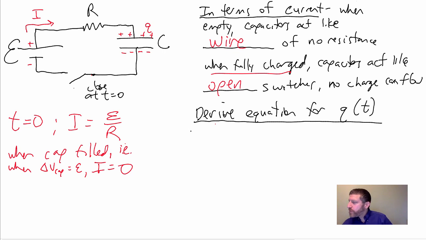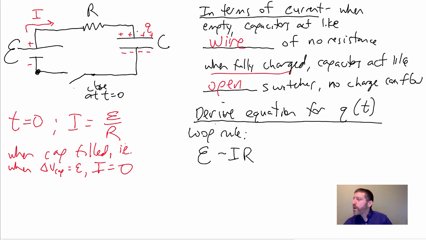We're going to use the loop rule, and we are going to start from right here and go to a higher potential, going from negative to positive, so we're going up a hill. So that's going to be positive E, and then the current is presumed to go in this direction, so it's going to be minus IR.